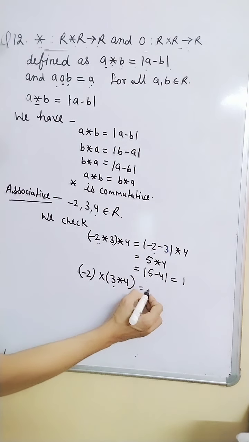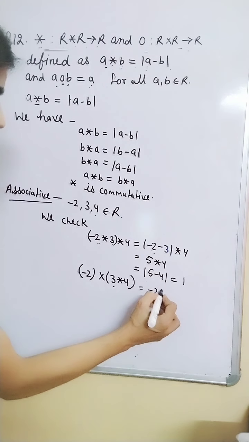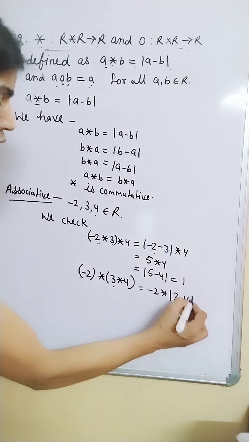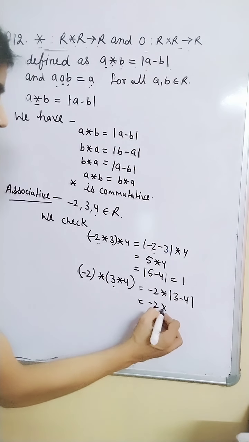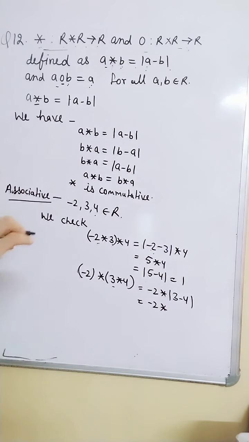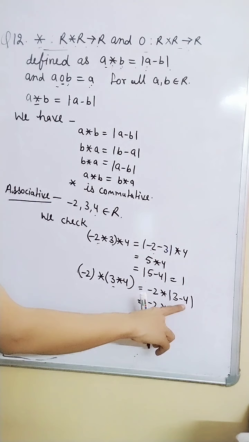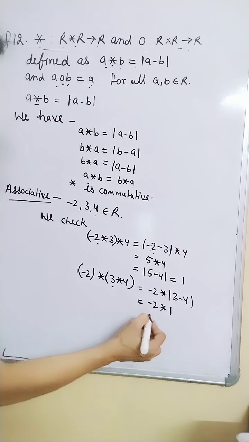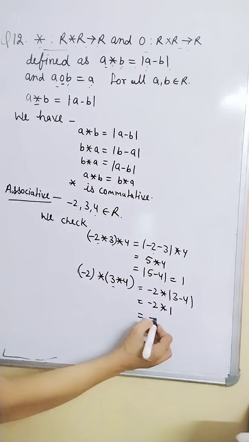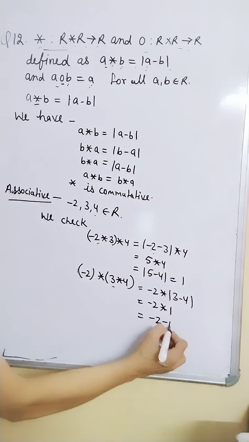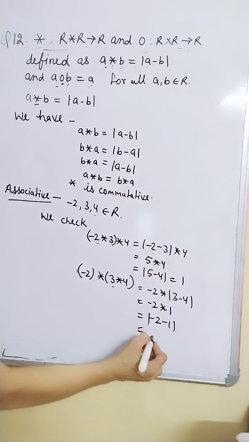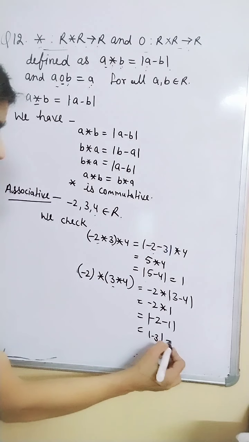When you apply this operation you will get -2 operation mod 3 minus 4. 3 minus 4 means -1, and when you take it out from the mod you will get 1. -2 operation 1, you will get mod -2 minus 1. -1 minus 2 is what? -3, and when you take this out you will get 3.